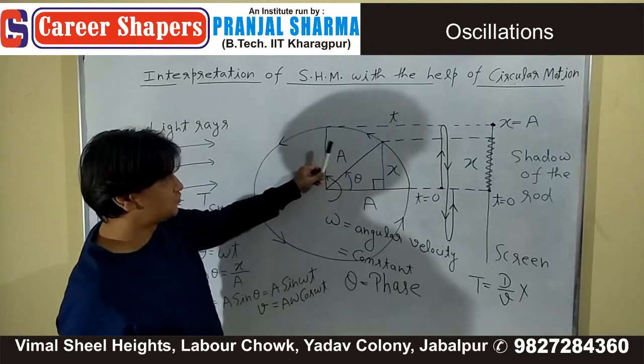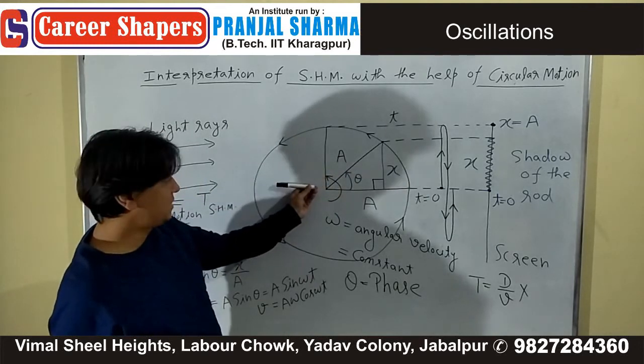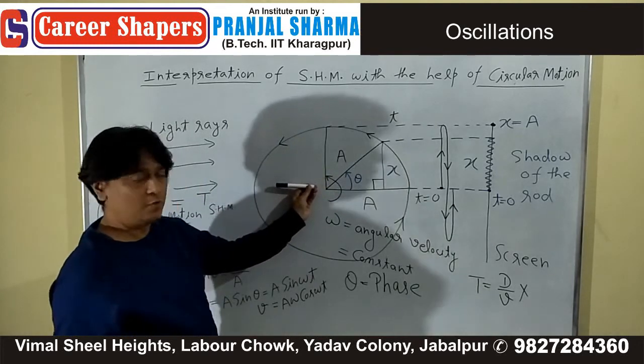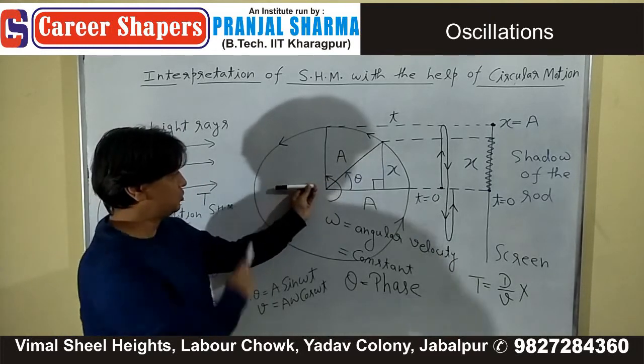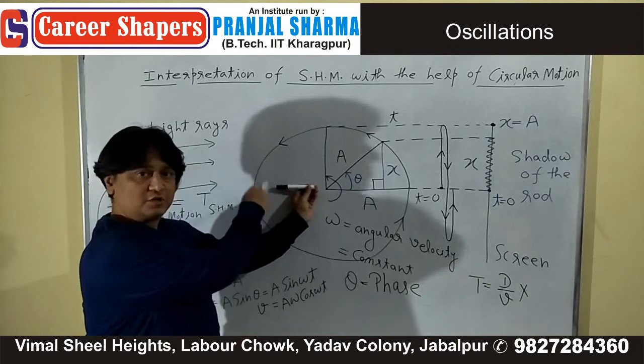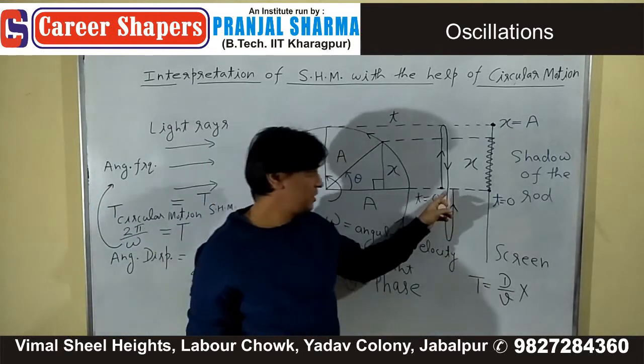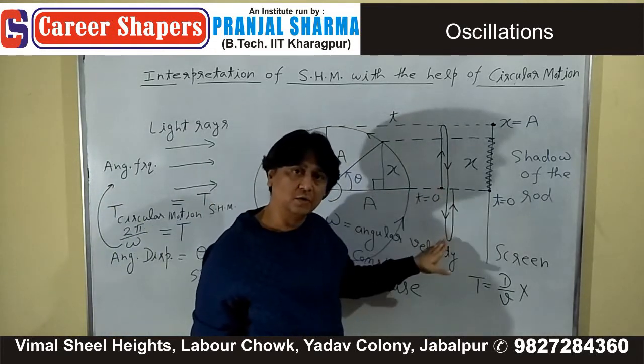Once you say that phase is 180, that means look at this tip. When this phase is 180, this tip, you know, is going down. If it is going down, automatically you know that the shadow is coming down.